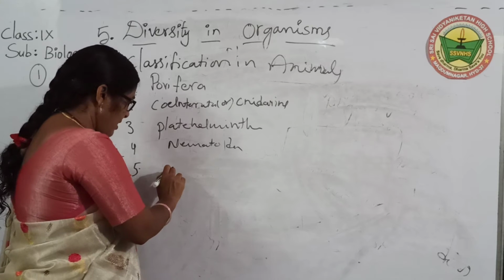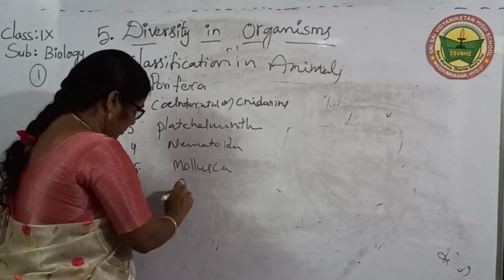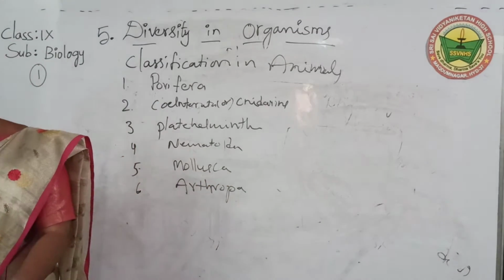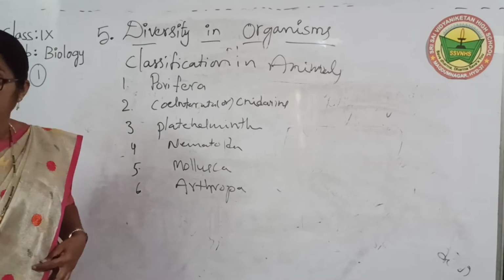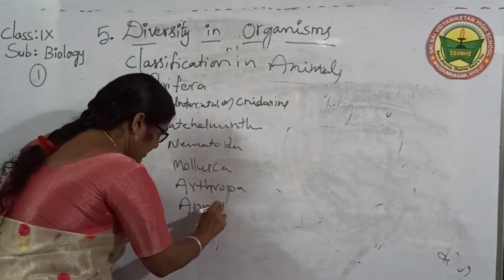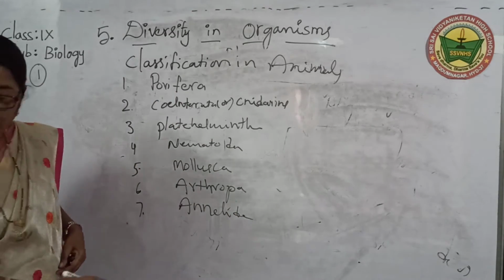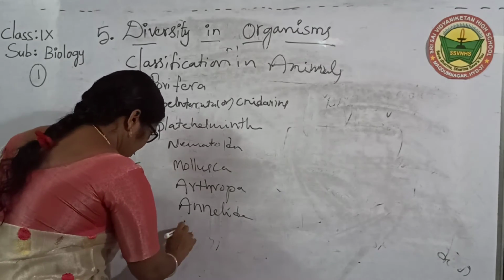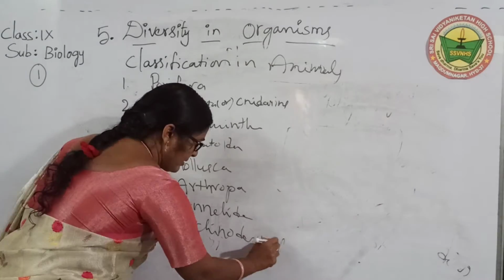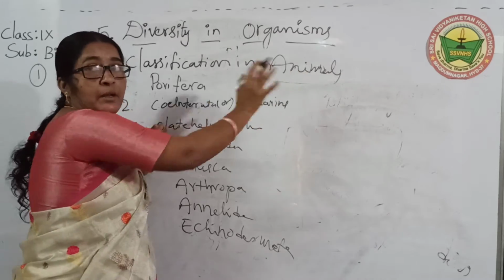Next, Mollusca, Arthropoda, Annelida, and Echinodermata. Children, these are the major groups in the classification of animals.